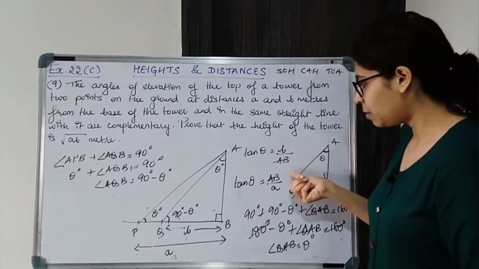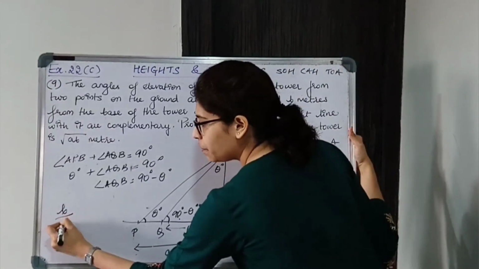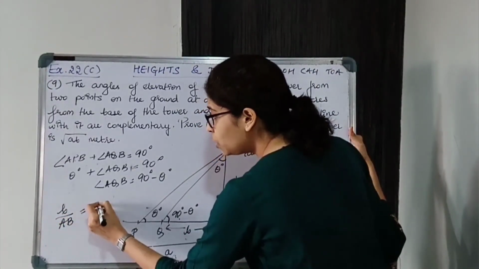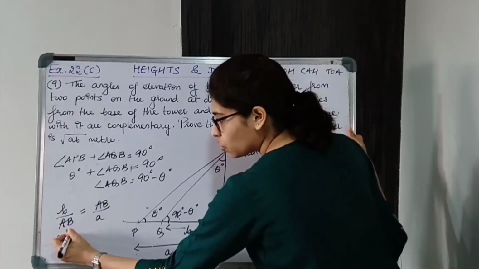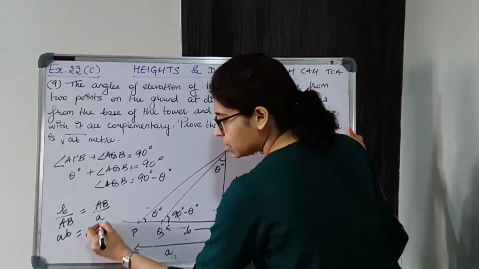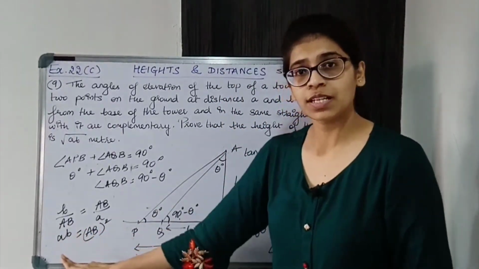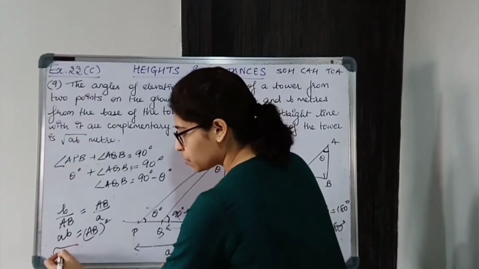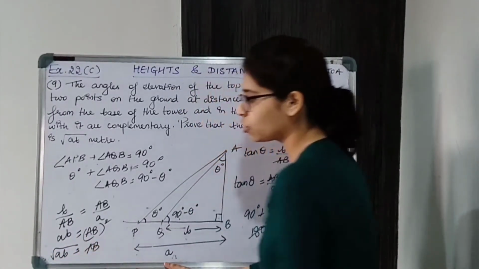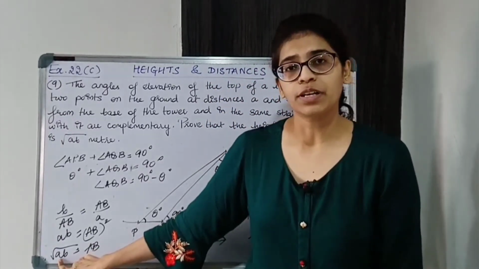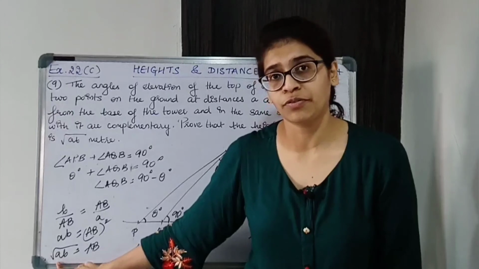So B upon AB is equal to AB upon A. Shifting, AB squared is equal to AB. Now take the square root on both sides. The square root of AB squared, the square will vanish. So I can say AB is equal to the square root of AB. That is, the height of the tower is equal to the square root of AB.